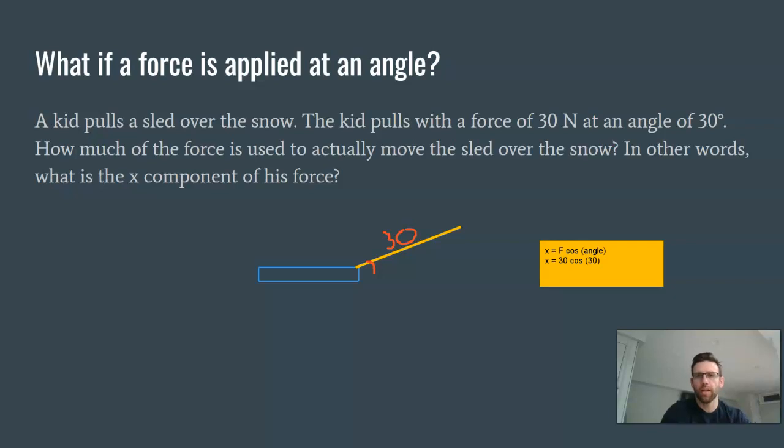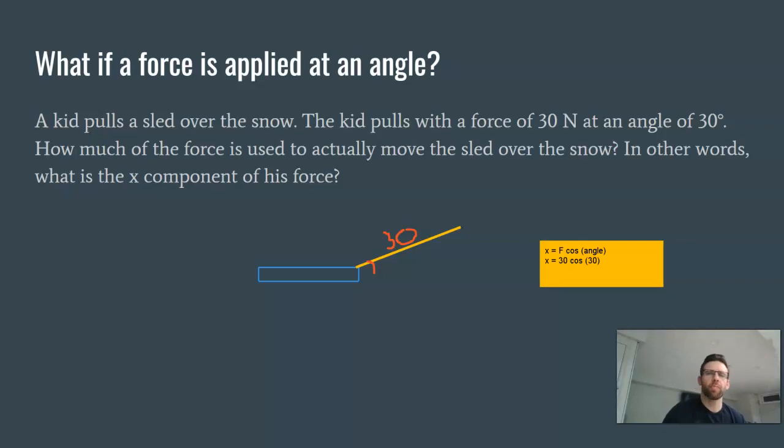Maybe I should use different numbers, but this 30 is the force, and then this 30 is the degrees. If you put this into the calculator, you would be able to get your answer pretty quickly. I think cosine of 30 is like 0.866, so that times 30 should be like 23 or something like that. So you can imagine that maybe the force that's actually going to help this sled move is 23 newtons.